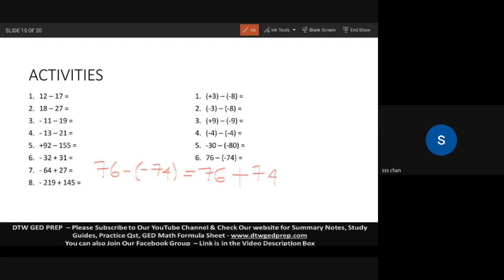So 76 plus 74, if we add that up, 6 plus 4 gives you 10. You write down the 0 and carry the 1 to the tens position. So 7 plus 7 gives you 14, plus that 1 gives you 15. And so we have the answer to be a positive 150.